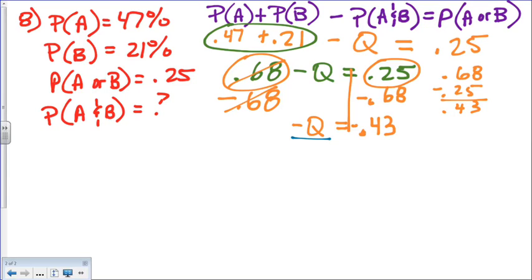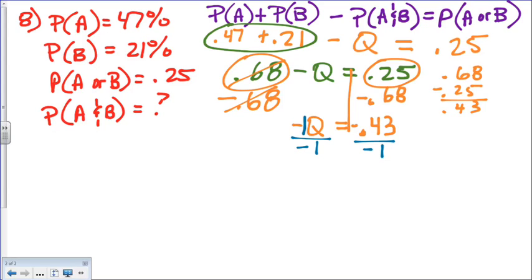The way I get rid of negative Q, the long way, is I divide by negative 1 on both sides. There's an invisible 1 in front of Q, so negative 1 divided by negative 1. Just like when you multiply two negatives, it becomes positive, when you divide two negatives, it becomes positive.